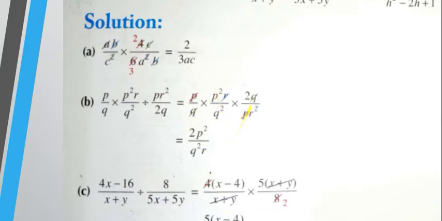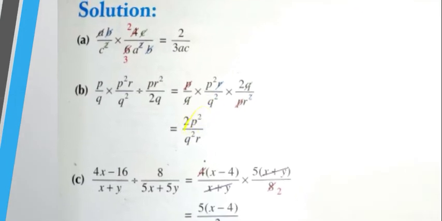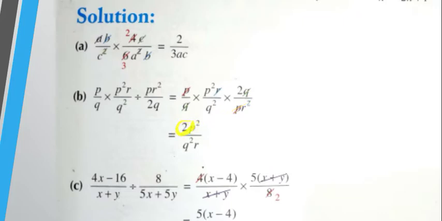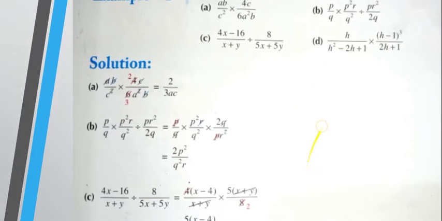P and P, and then P squared here just remains P squared, right? No more P's here. Q and Q also we can cancel out. You have Q squared only here. What else? R and R squared, so you will have only R to the power of 1, and then 2, just 2. That's it. Easy, right?